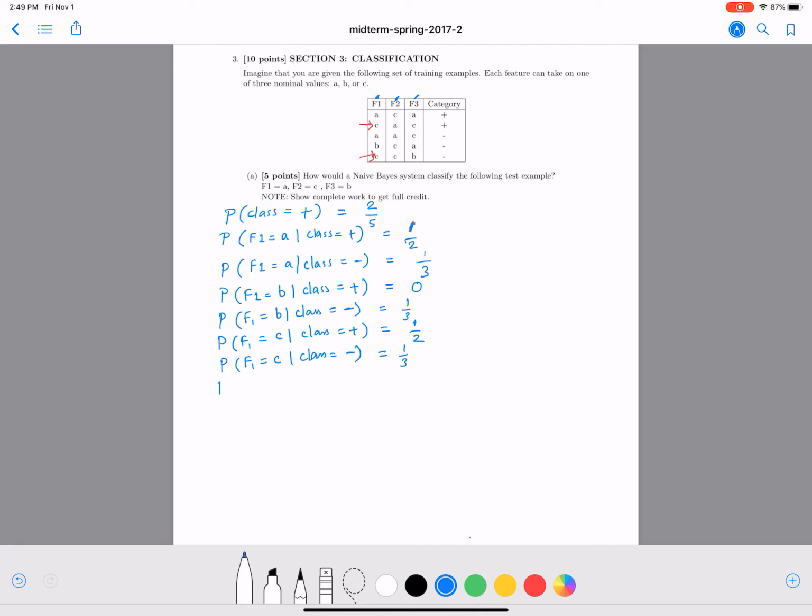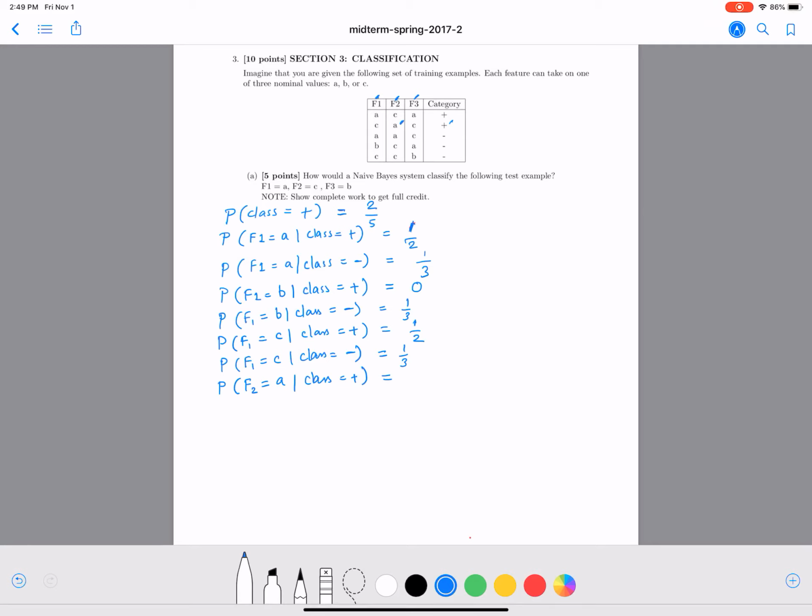Now let's go to probability of feature 2 is equal to A, class equal to plus. Now we are looking at feature 2. When we look at feature 2, we have 1 inside a plus.